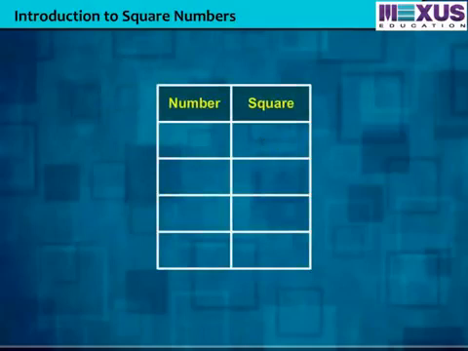Now let us first find out the square of 1. By multiplying 1 by 1, we get the square of 1 is equal to 1. Similarly, we can get the square of 2 by multiplying 2 into 2. Hence, we get the square of 2 is equal to 4.